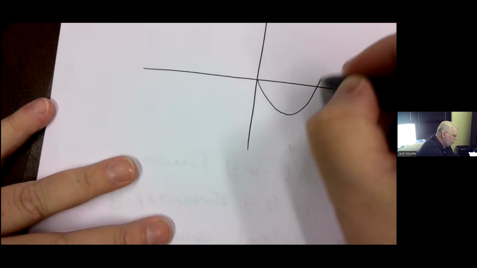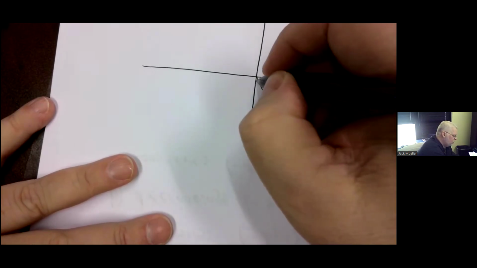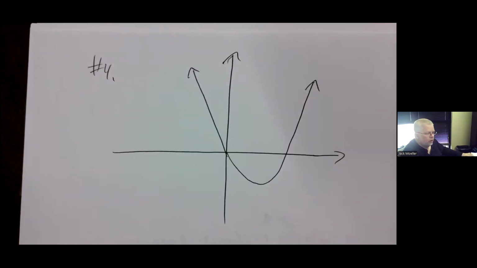Graph looks something like this. And we have to assume arrows aren't at the ends because they don't put any open circles and closed circles.